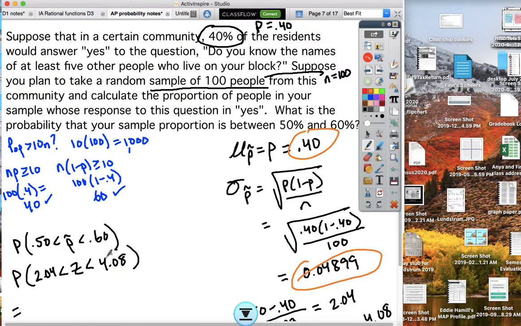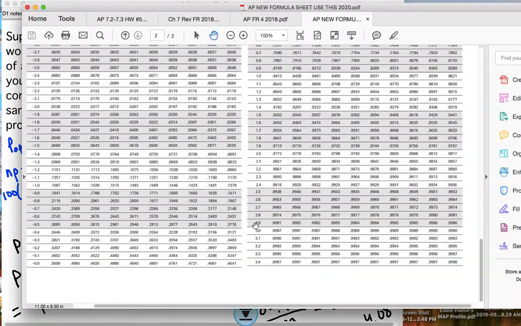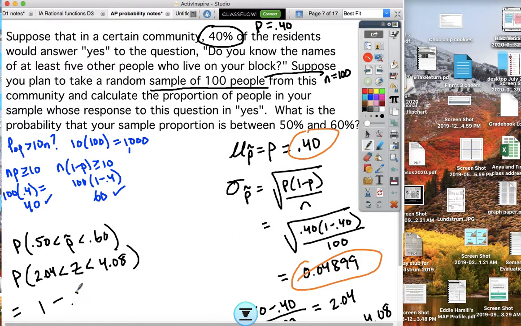So z being less than 4.08 is 1 minus, and then look up 2.04 on your chart. 2.04 would be 0.9793 right here. Okay, and when you subtract those two, you are going to get 0.0207. So 2.07% is the probability that our sample proportion is between 50% and 60%.